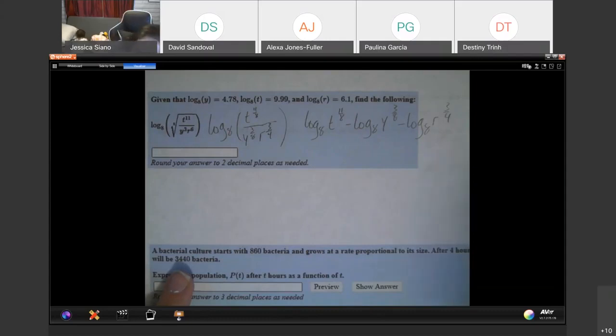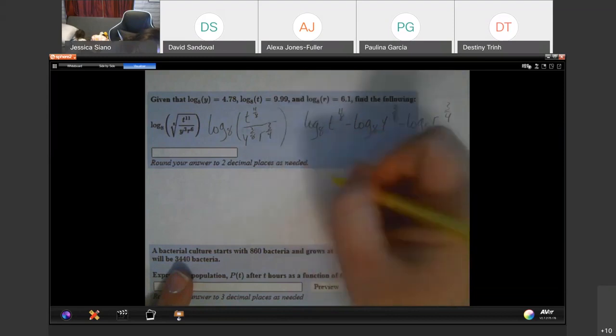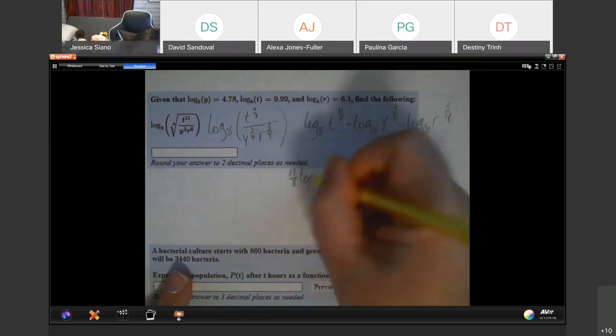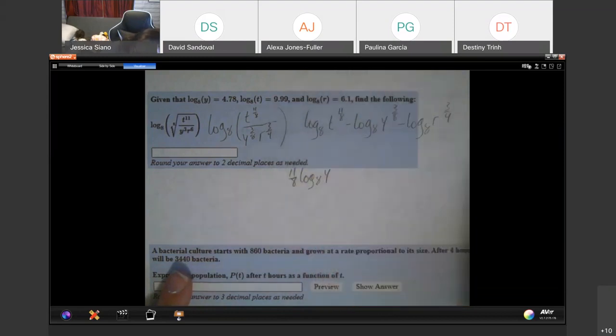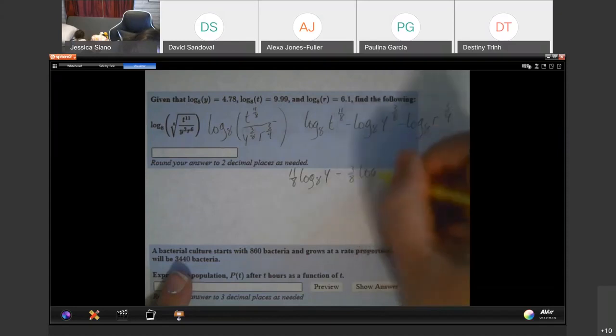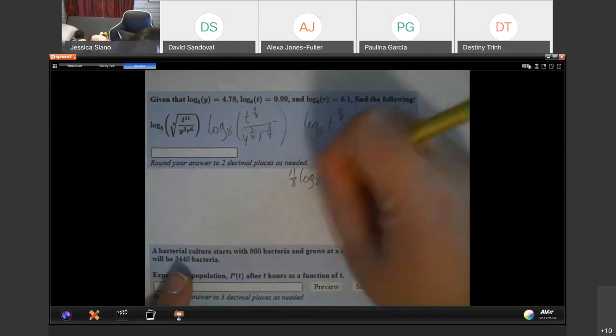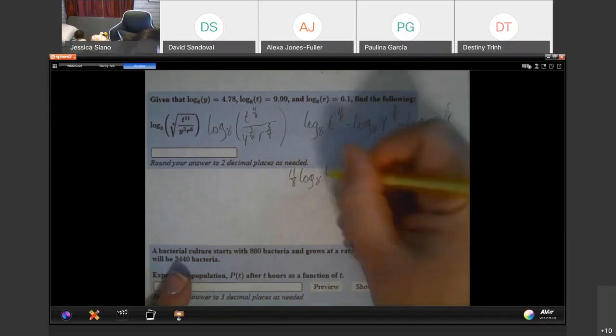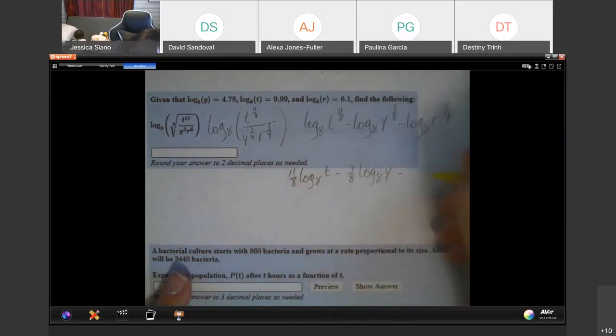And so I'm going to take each one of these out, and I'm going to make it 11/8 log base 8 of t, wait, why did I say y? T. Then 3/8 log base 8 of y, 3/4 log base 8 of r.